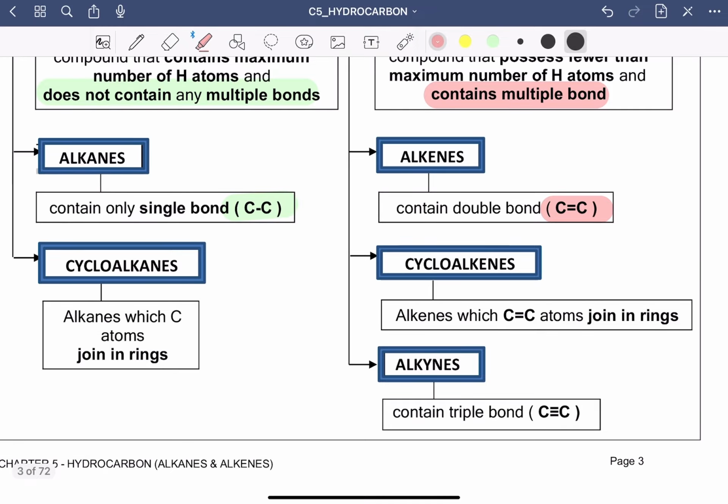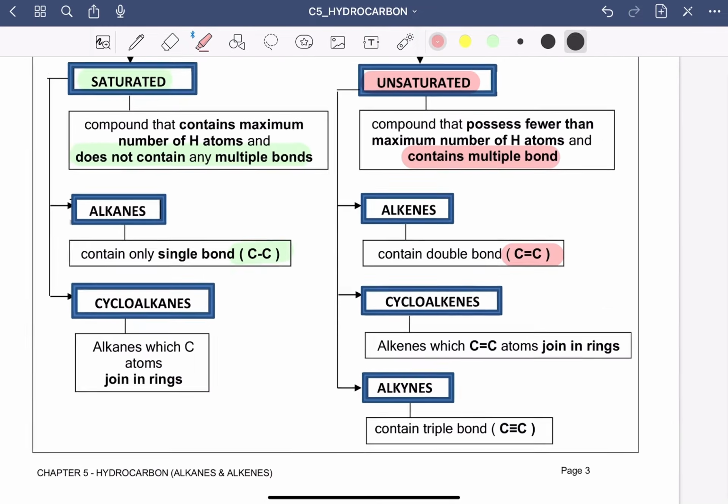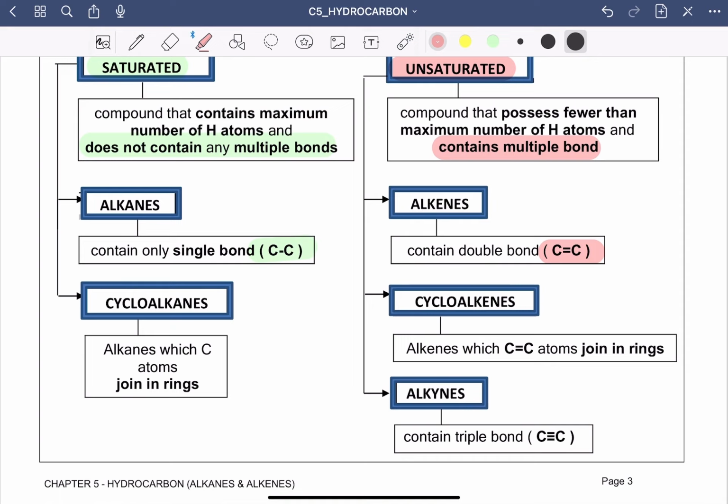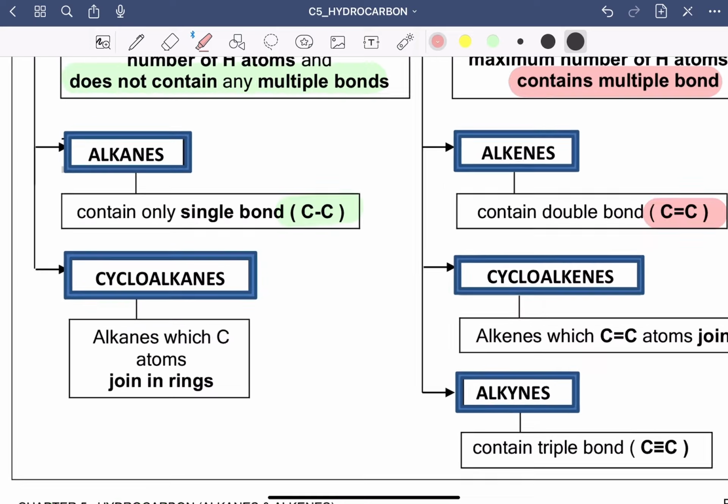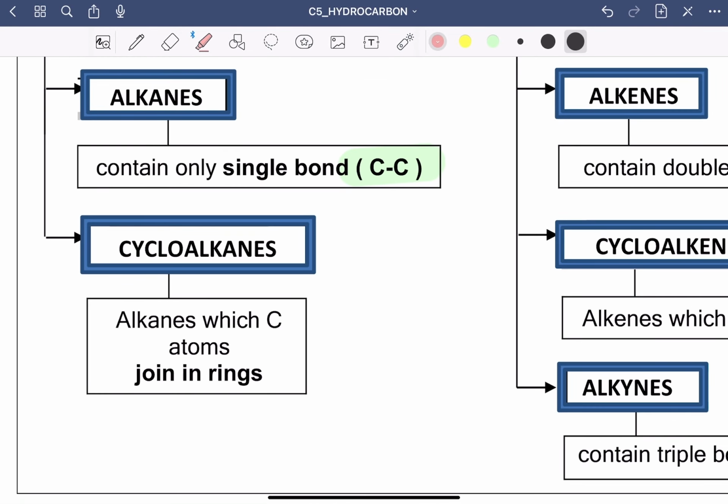Saturated can be divided into alkane, which is straight alkane, and cycloalkane. Cycloalkane is alkane in which C atoms join in a ring. In other words, C joined with another C, joined with another C, and so on.